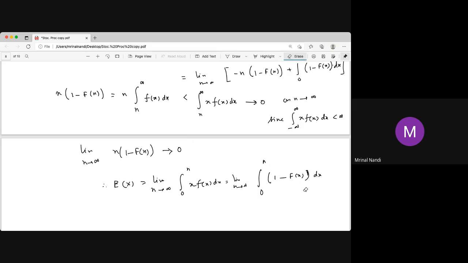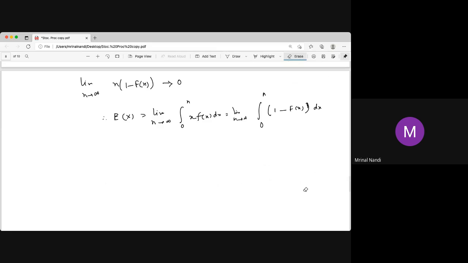Now you have to prove the other way also. Conversely, let the integral from 0 to infinity of 1 minus F(x) dx exist, that is, be finite. Then what happens?